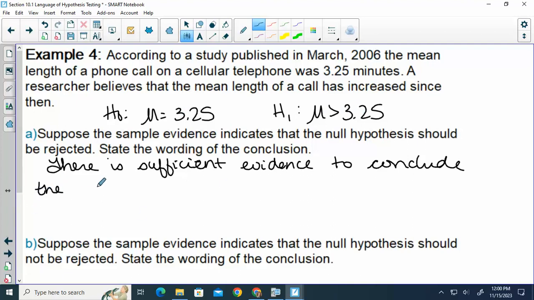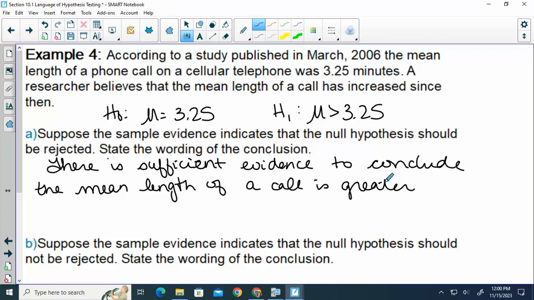The mean length of a call is greater than 3.25 minutes.